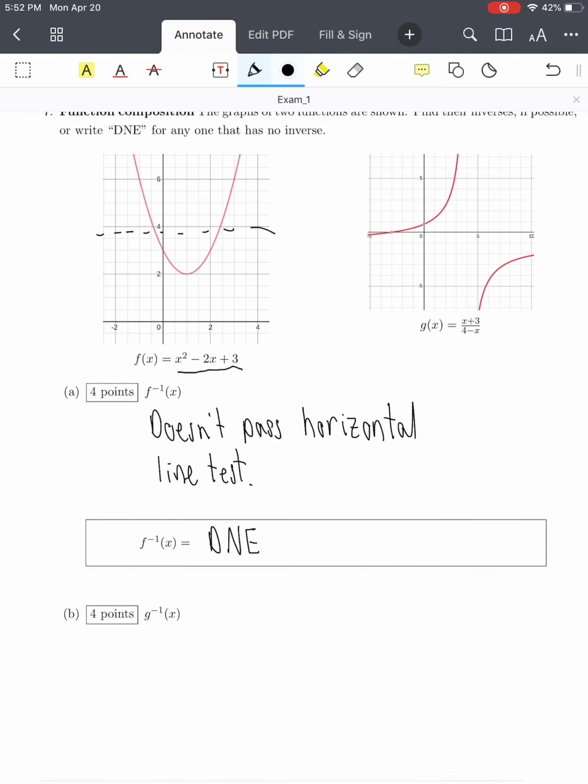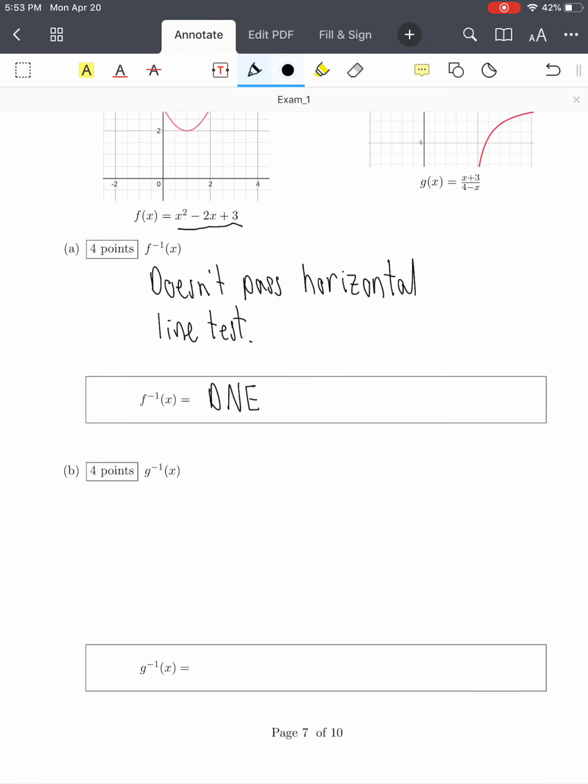Now, remember how we find the inverse of a function? Well, to find the inverse, you're going to swap x and y, then solve for y again.